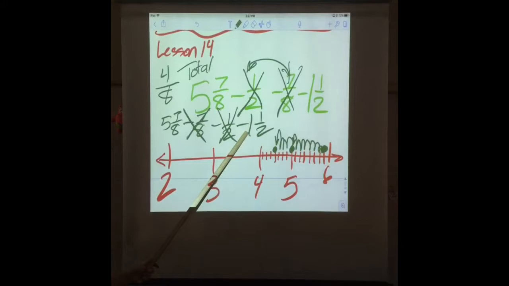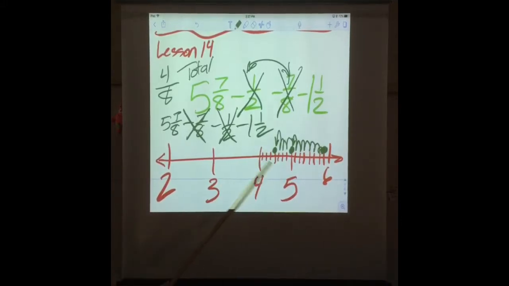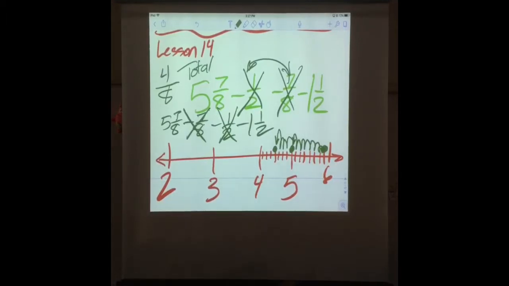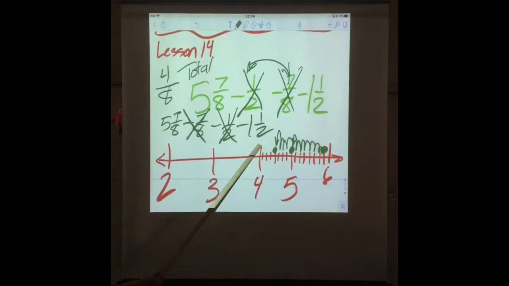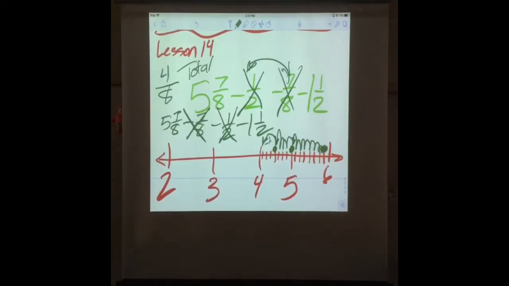Is that correct? So now we need to do what? Take away the 1.5. Which one of those do you want to take away first? Half. I would take the half away first. So if I'm going to take the half away, that's going to push my dot where? To the 4. To the 4 wholes. Yeah. So this is minus 1/2, right? Yes.